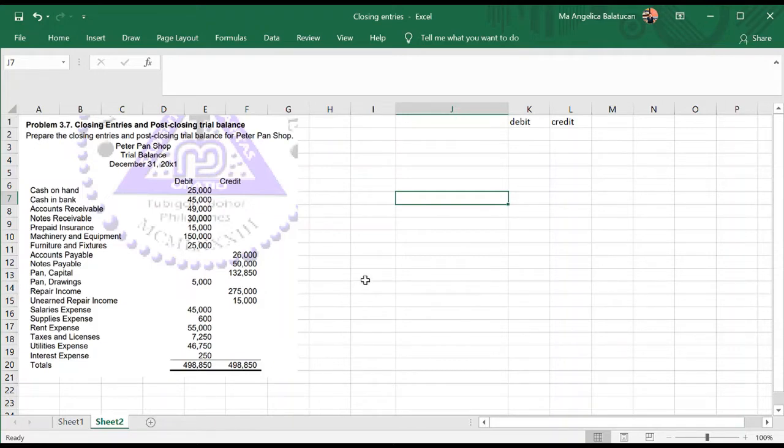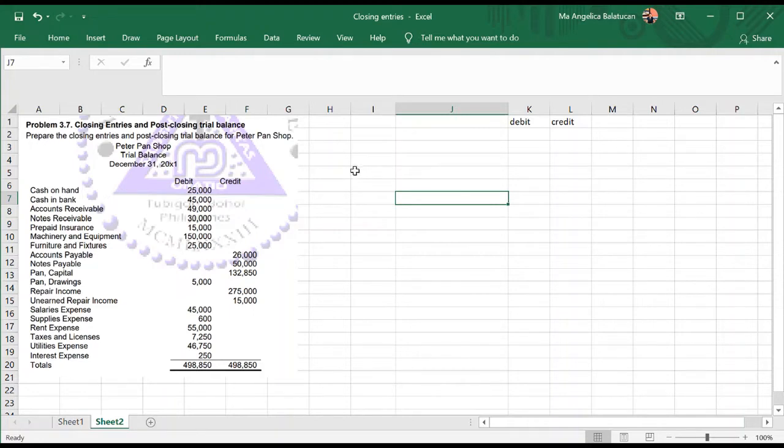Meanwhile, the nominal accounts include the income statement accounts. So they are nominal or temporary, again, because they will be closed at the end of the year. They will be closed to the capital account. Okay, so let us begin with the first closing entry that should be made.